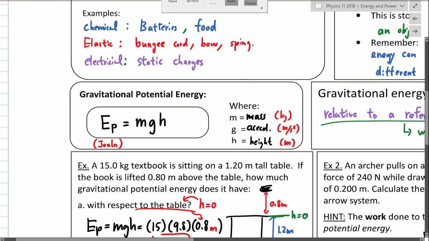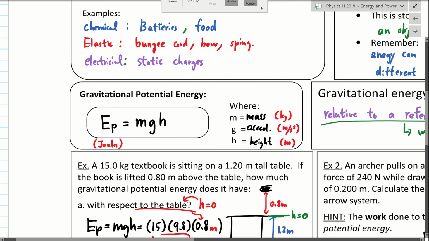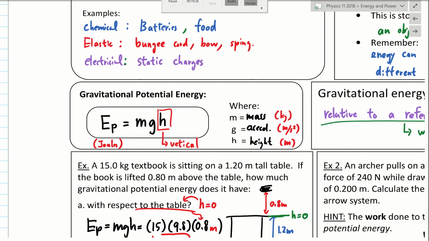The height has to be a vertical height. So this must be vertical. On the worksheet today, you're going to see a height. Sometimes you're going to see questions where you have both a slanted height and a vertical height.